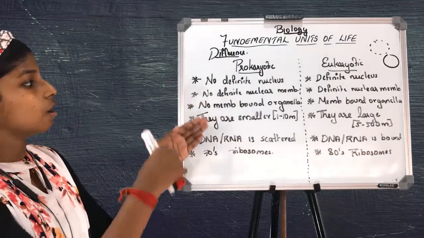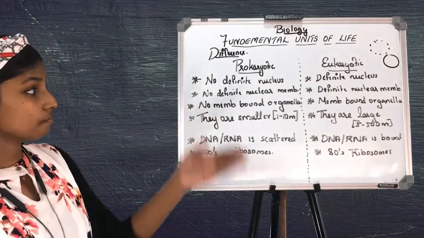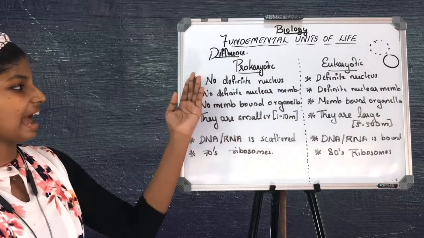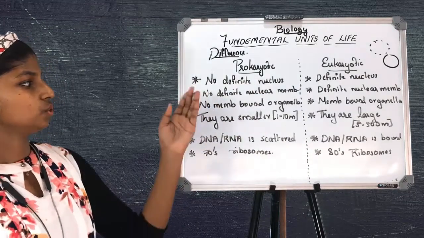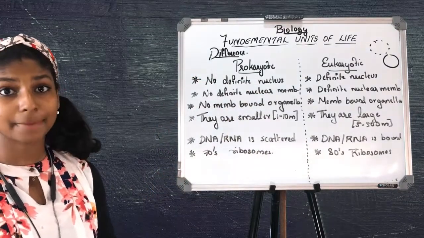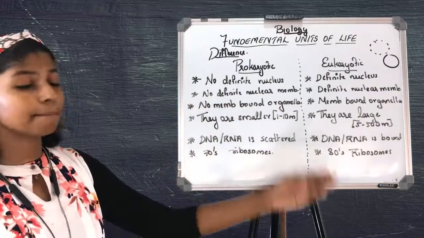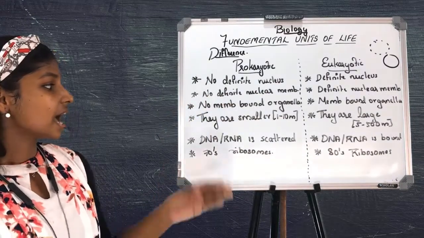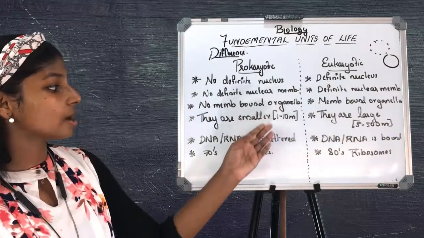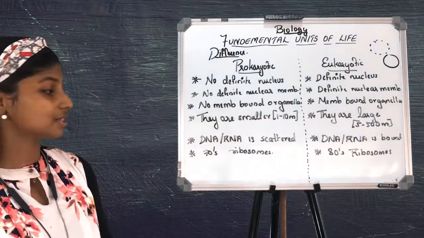So, let's once again revise it. Prokaryotic cells have no definite nucleus and no definite nuclear membrane. No membrane-bound organelles are present, and they are small, 1 to 10 microns.